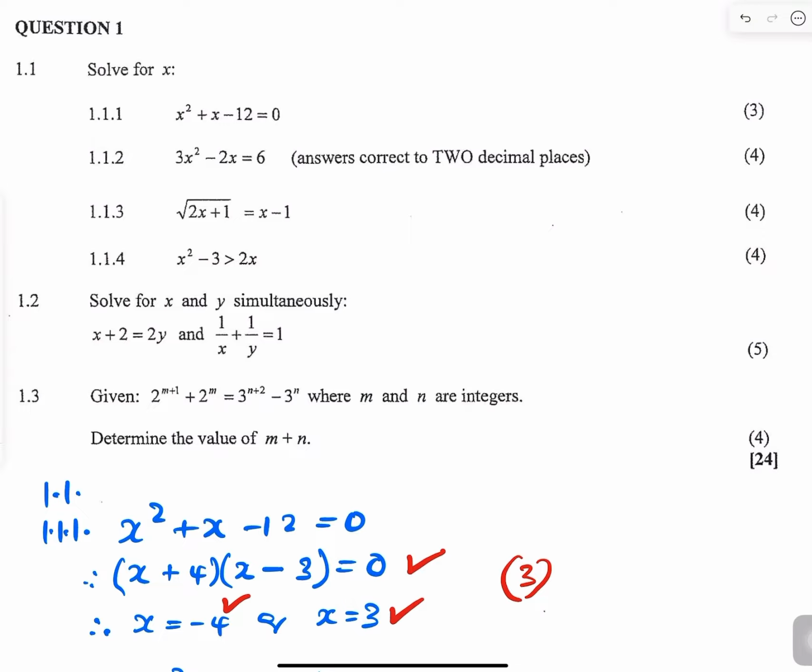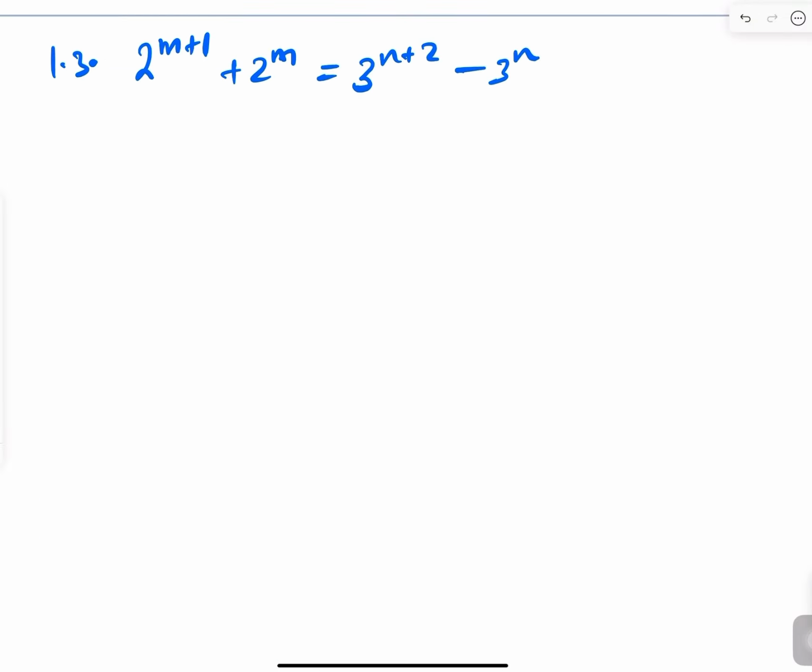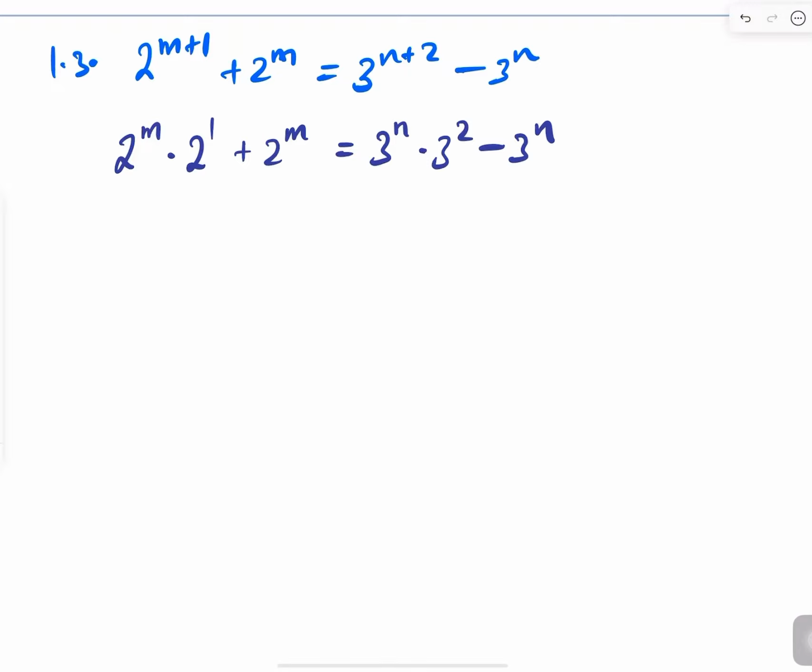This will determine the value of m plus n. So I'm going to use the laws of indices. That's the only way to do this question. By that I mean you're going to have 2 to the power m multiplied by 2 to the power 1, plus 2 to the power m, is equal to 3 to the power n multiplied by 3 to the power 2, minus 3 to the power n.